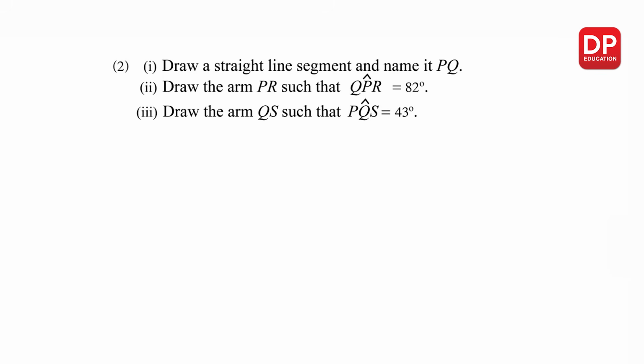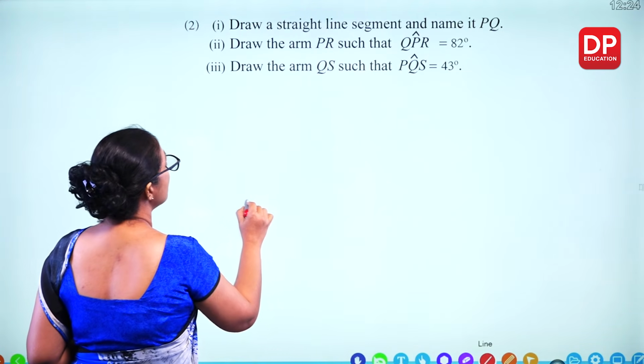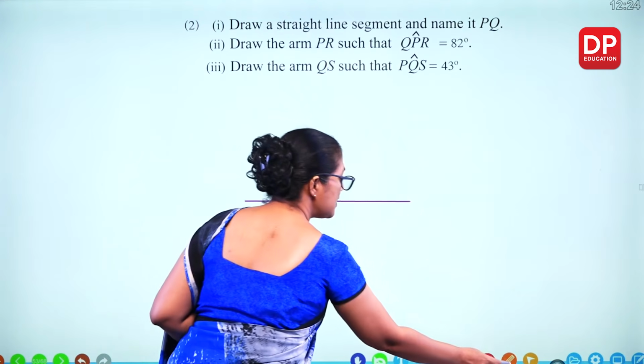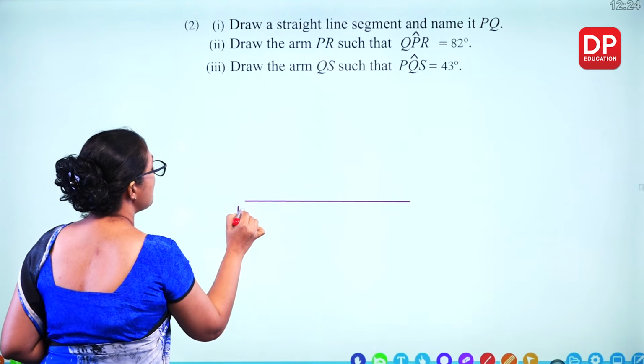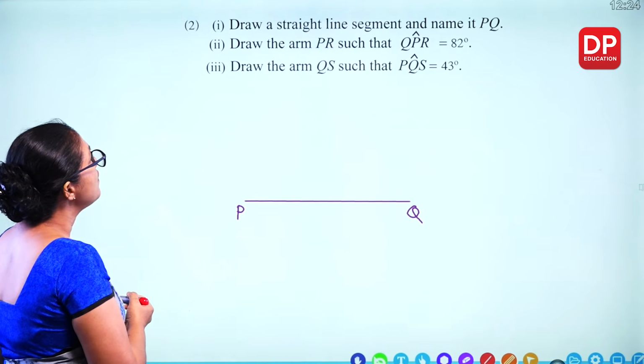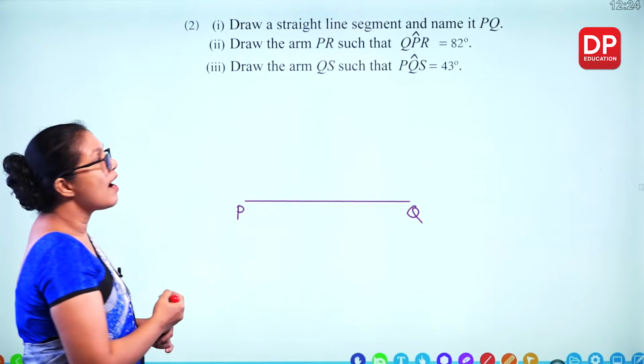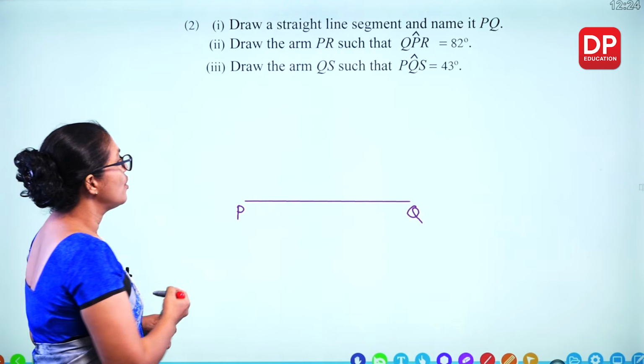Draw a straight line segment and name it PQ. So we'll draw any line segment and label it as PQ. Draw the arm PR such that QPR angle is 82.